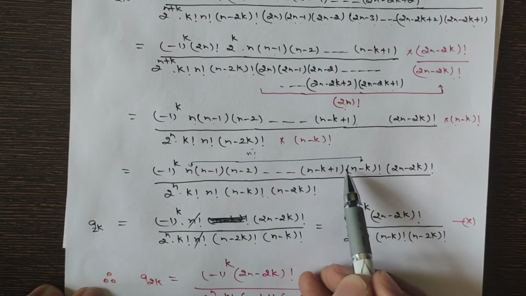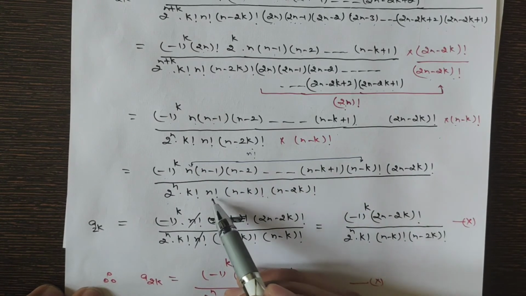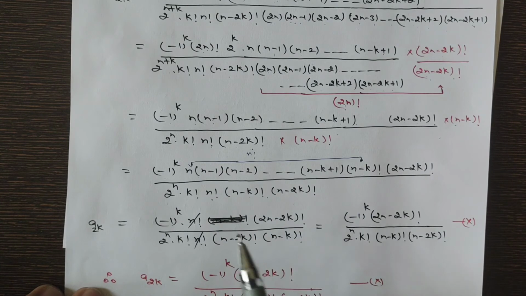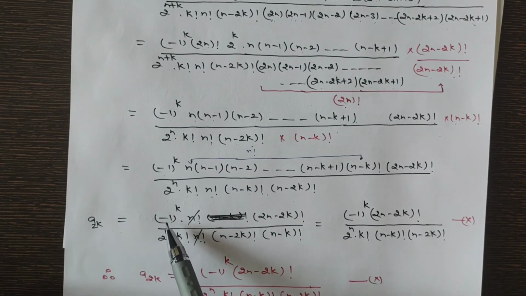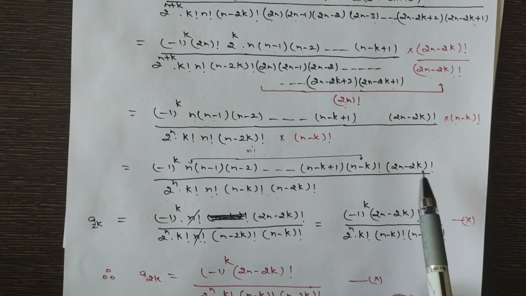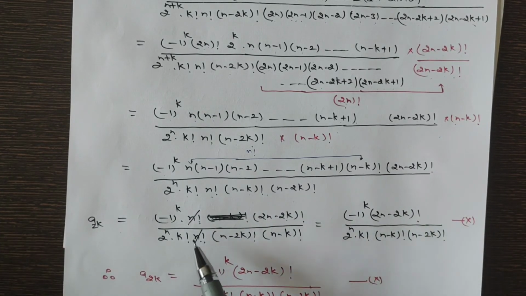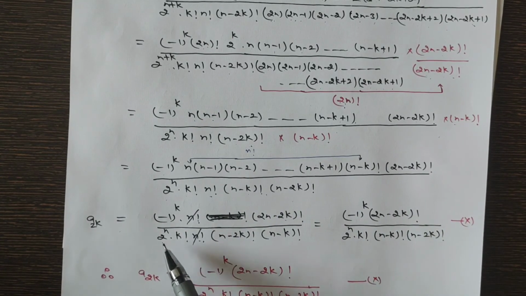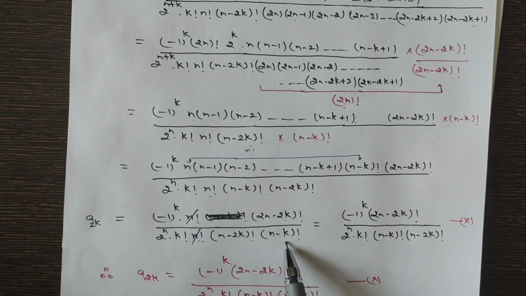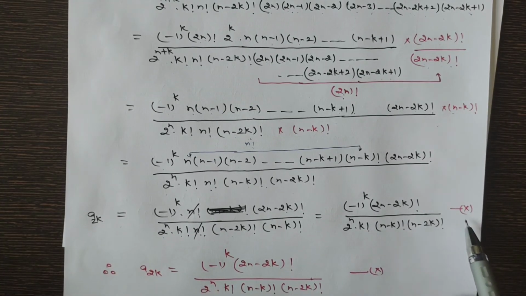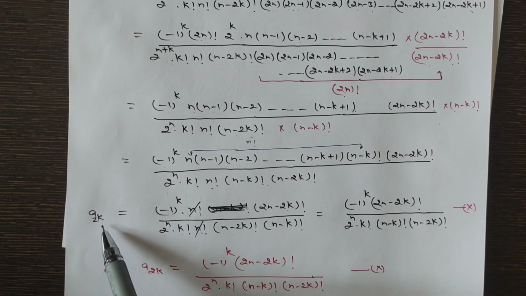So reading this term as n factorial, it can be cancelled with this n factorial, so a2k will be simplified as minus 1 raised to power k, this 2n minus 2k factorial, divided by 2 raised to power n, k factorial, n minus 2k factorial into n minus k factorial. Clear? So that is our equation 10, and that is the value of a2k.